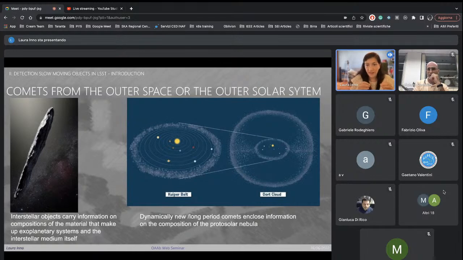So basically, they offer the unique opportunity to probe, let's say, in situ, the chemical composition of the protoplanetary disk before planets form. So they are indeed correlated.